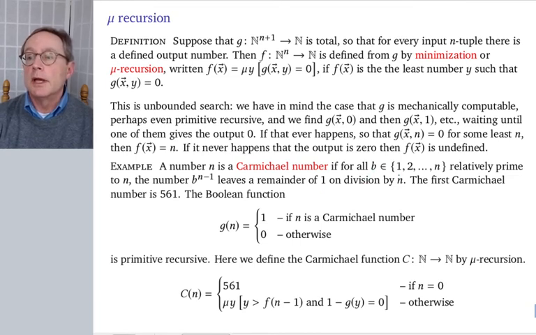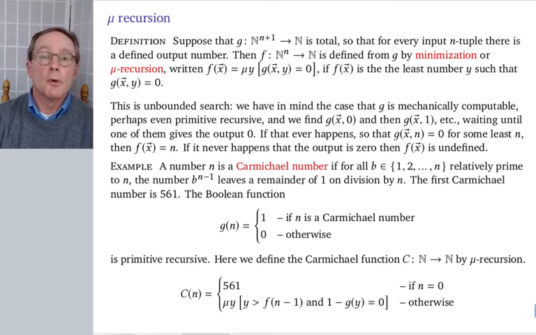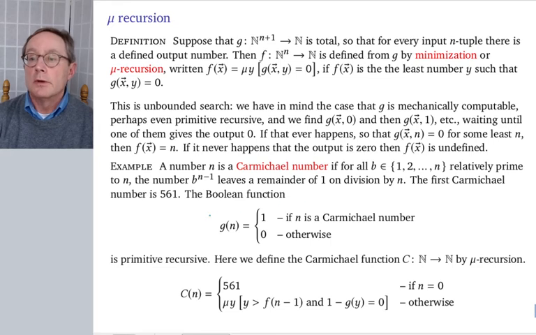If you give me an n, I can figure out whether it's a Carmichael number because I plug in all these b's. I figure out whether they're relatively prime to n, and then I compute b to the n minus 1 and take the remainder. So it's either a Carmichael number or it isn't. That is to say, this function right down here is computable, and in fact, it's primitive recursive.